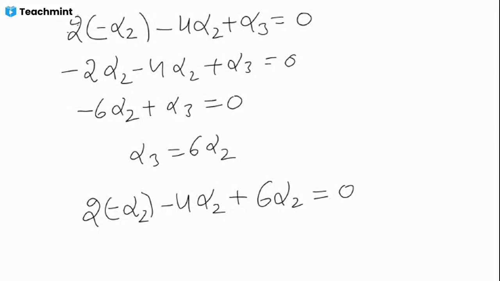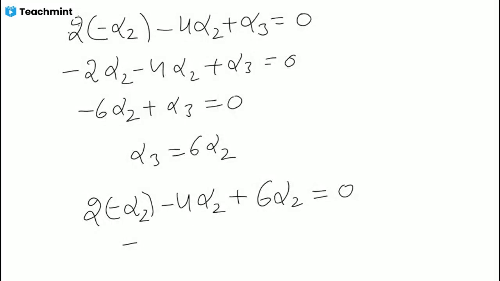So obviously from here we are getting alpha 2 equal to 0. Are you getting this point? Yes. So obviously all the values will be 0, so we can say the given vectors are linearly independent.